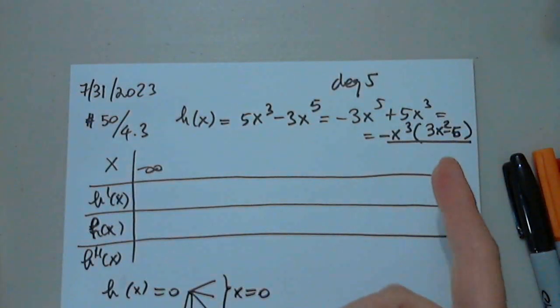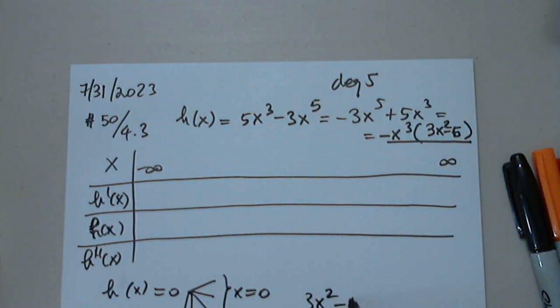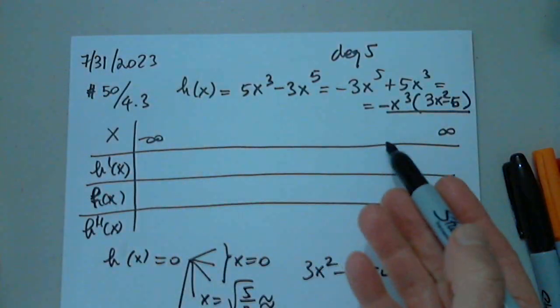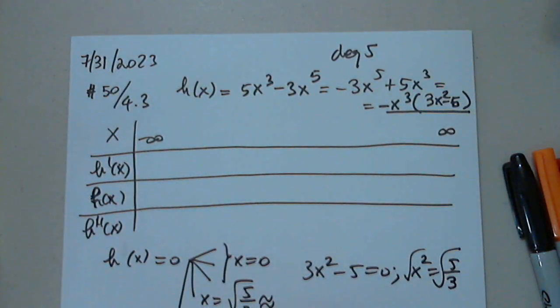The other 2 come from 3x squared minus 5 equals 0. I move 5 and divide by 3, so x squared equals 5/3, and I take the square root. One solution is the square root of 5/3, and I have to approximate it because I don't know where to put it in the table. The other one is definitely the negative square root of 5/3.